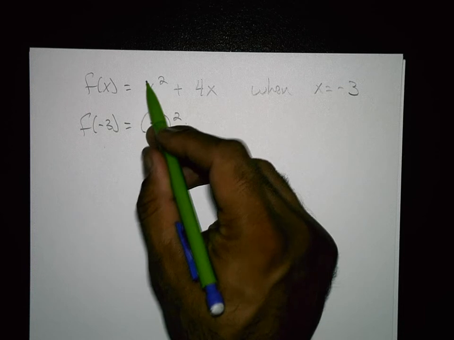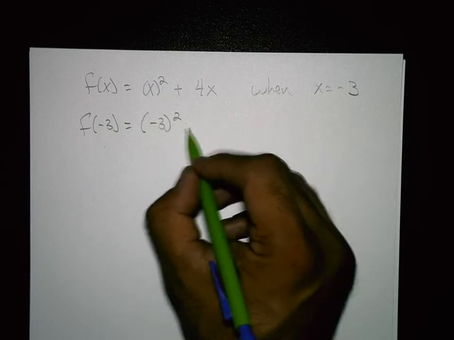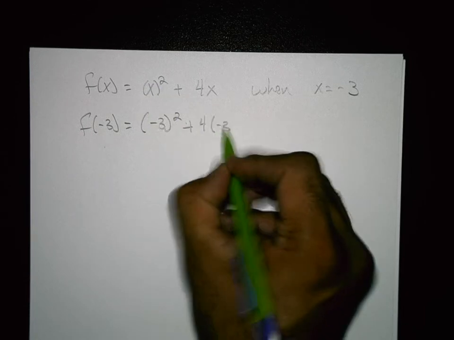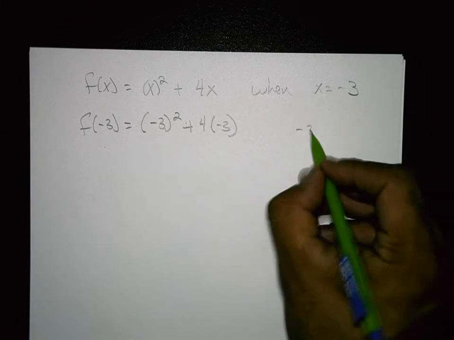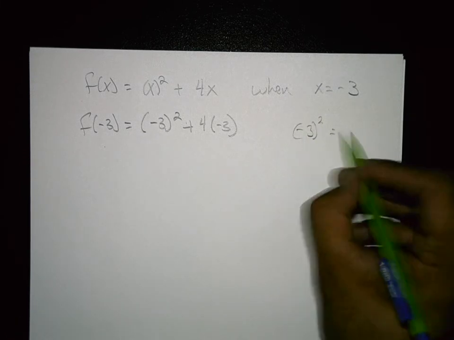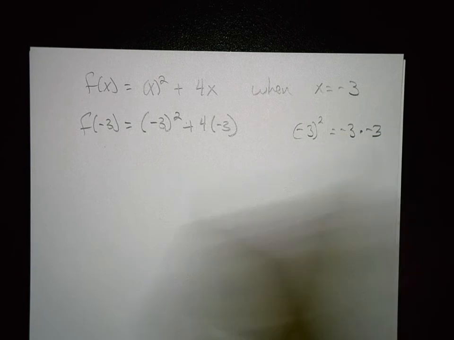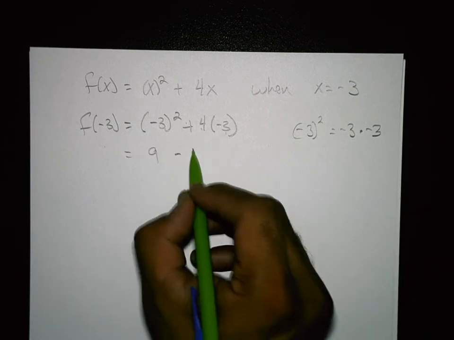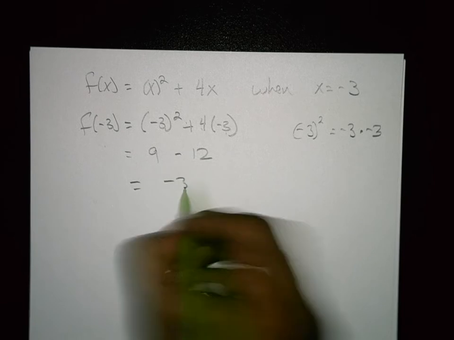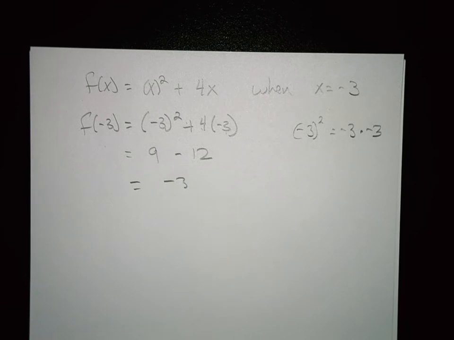You're only replacing the x, so the parentheses go around it. Negative 3 squared is the same as negative 3 times negative 3, so that's going to come out to positive 9, and a positive times a negative is negative.